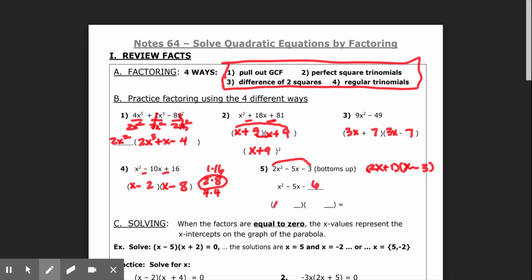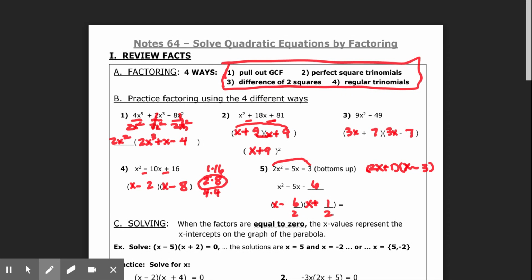So this would be x and x. And since that's a minus 6, the signs are going to be different. So minus plus. Factors of 6 that will give you 5. So that's going to be 6 and 1. And then, let's see, that's 1x, negative 6x, negative 5. And then we divide everything by the leading coefficient of 2.